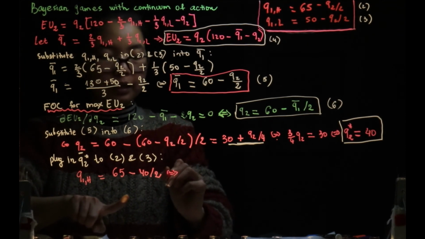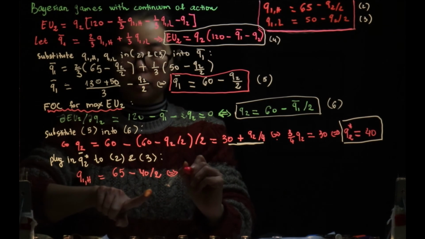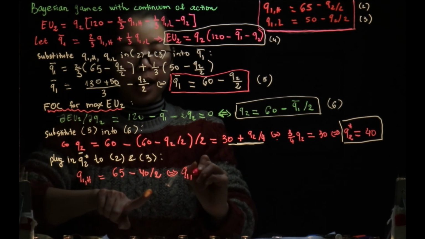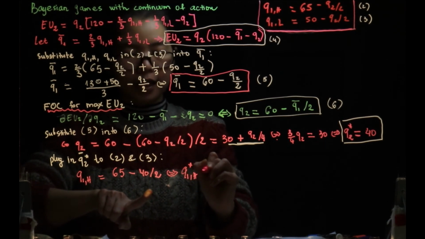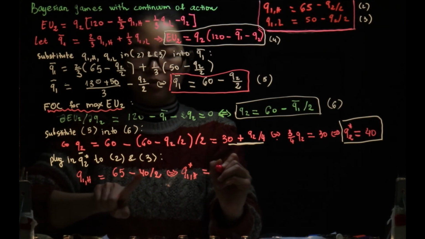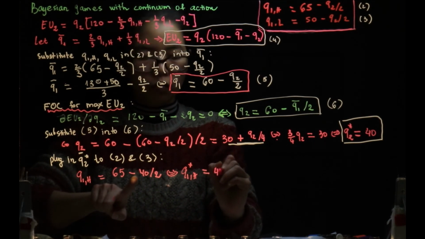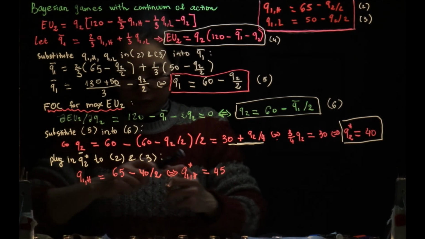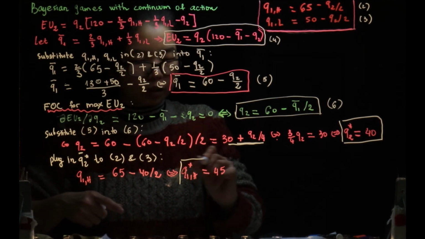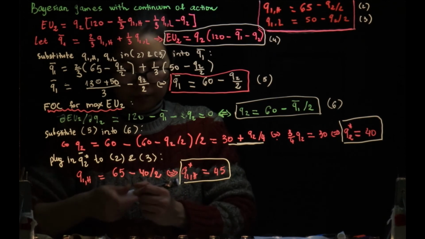Let's write it again so that I could give it a box. So Q1 high star equals 65 minus 20, 45. One box. Okay.